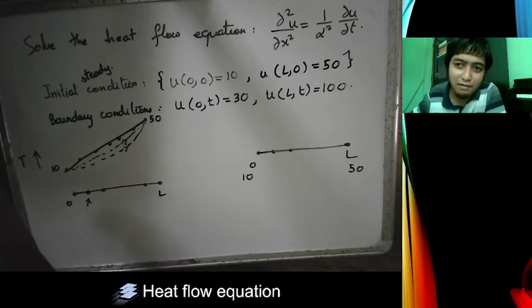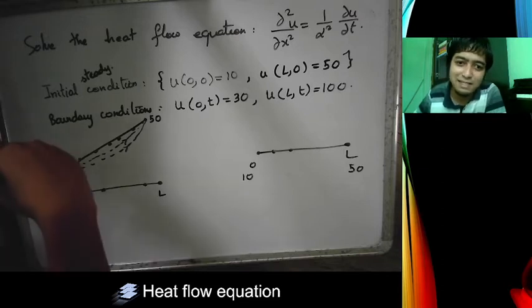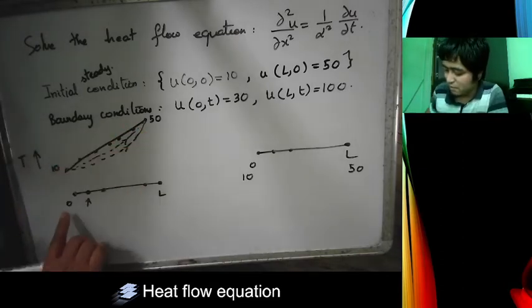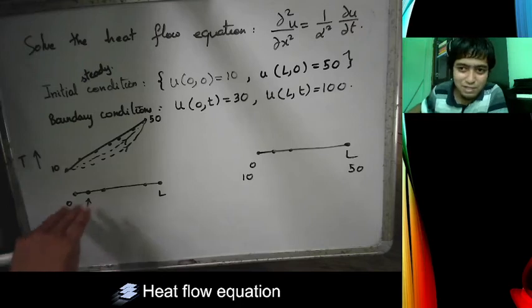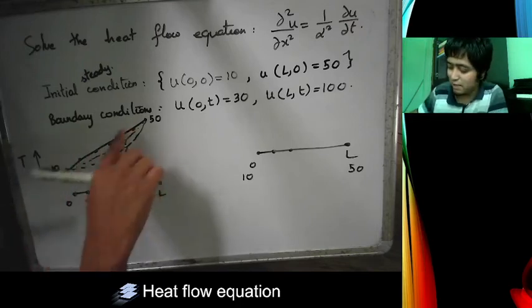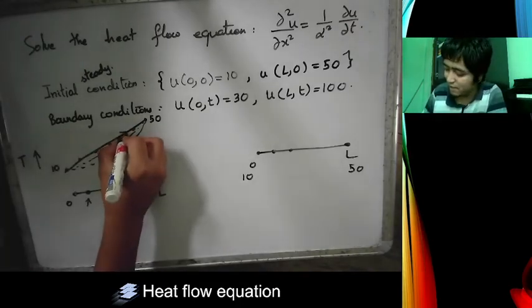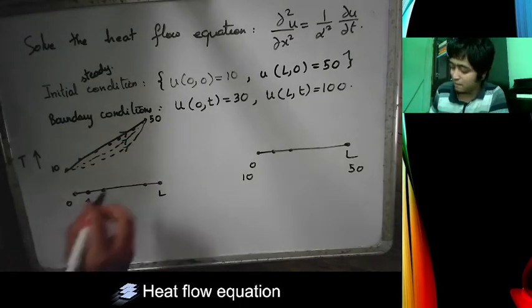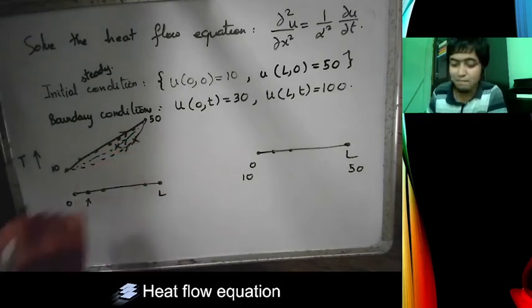So we will show, or in fact it was proven already, that for the steady state, the temperature, when the position varies, will be linear, a straight line like this. So these curves won't come into the picture. Okay, we will do that.